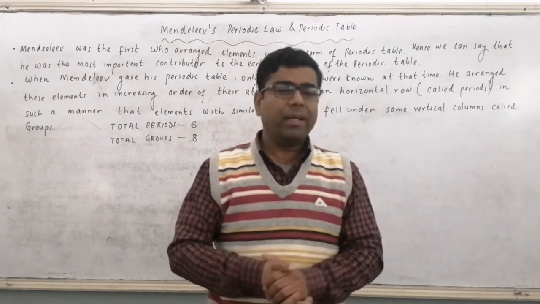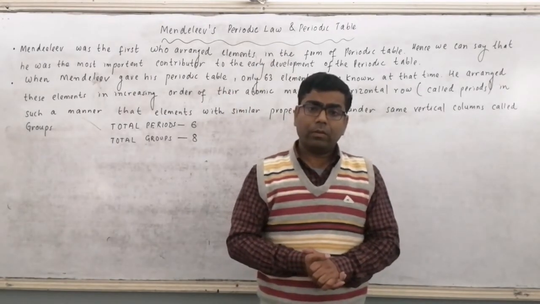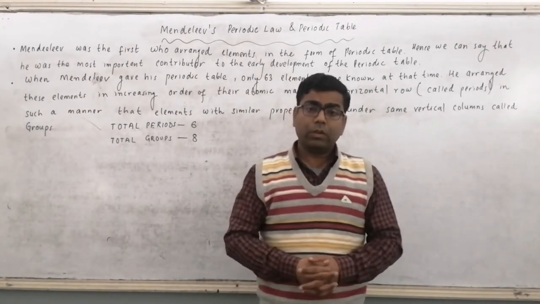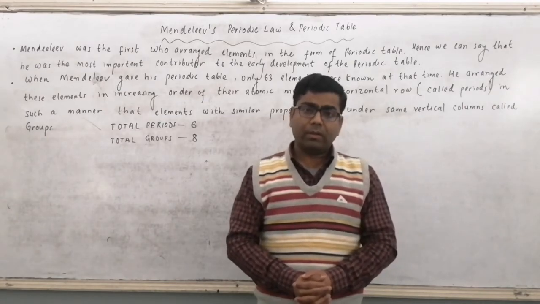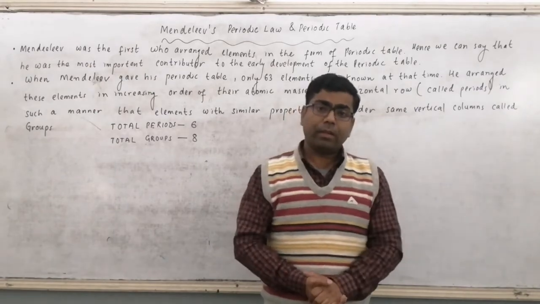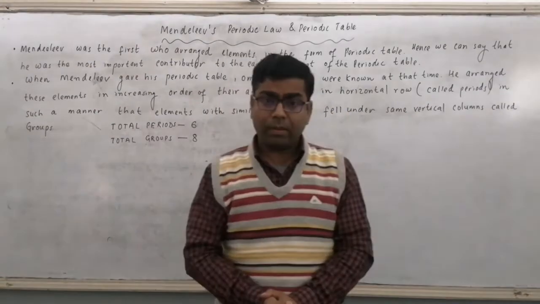Mendeleev didn't say anything about the isotopes. So these are the two important failures. That's why Mendeleev's periodic table was rejected.